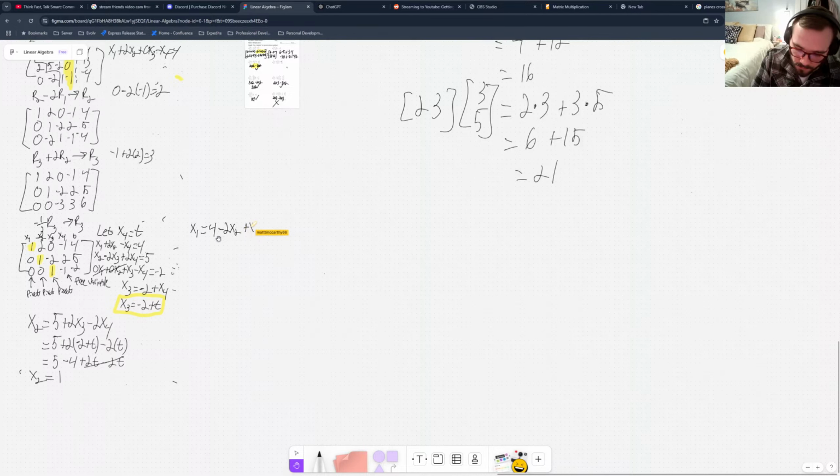Just bringing it all to one side, that means x1 is equal to 4 minus, we said x2 is always 1. We calculated that down here. And we said x4 is always just t. So that's plus t. So this is 2 plus t. And so now we're done.